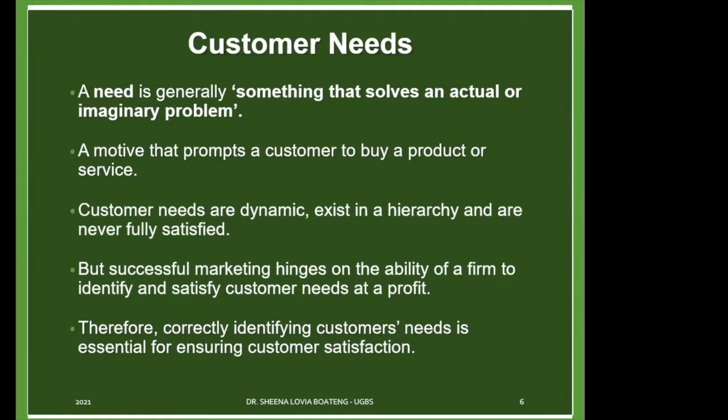So we realize that based on Maslow's hierarchy of needs, depending on the level the customer has reached, their needs differ. So for instance, if a customer was at the physiological stage, what are some of the needs that the customer would have?